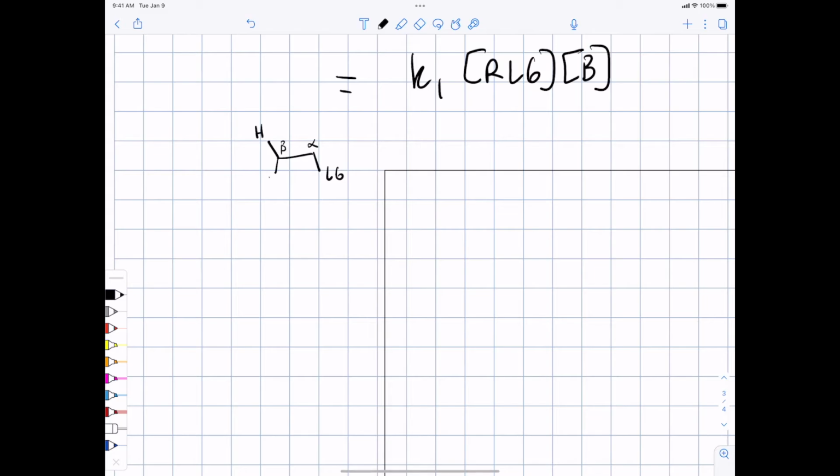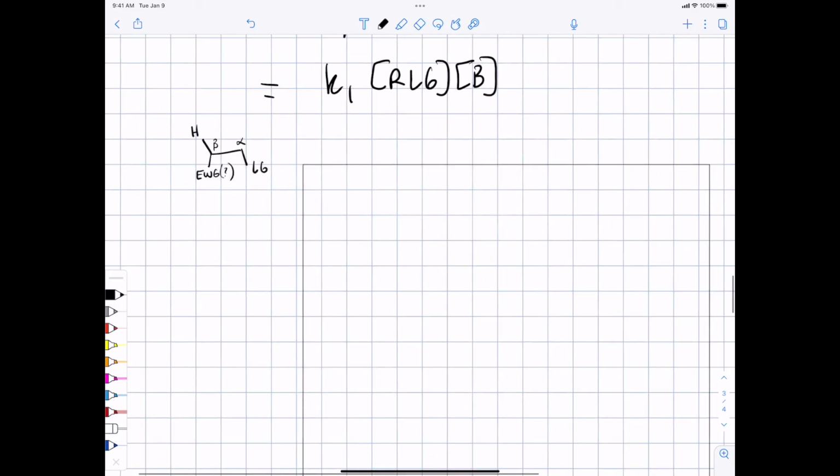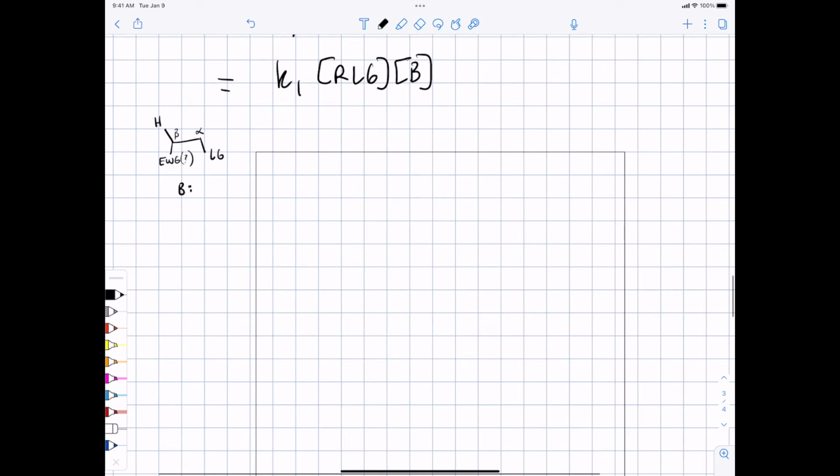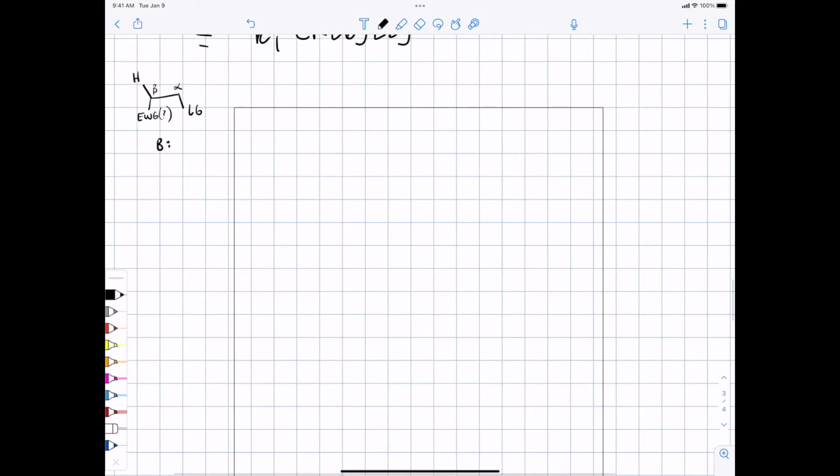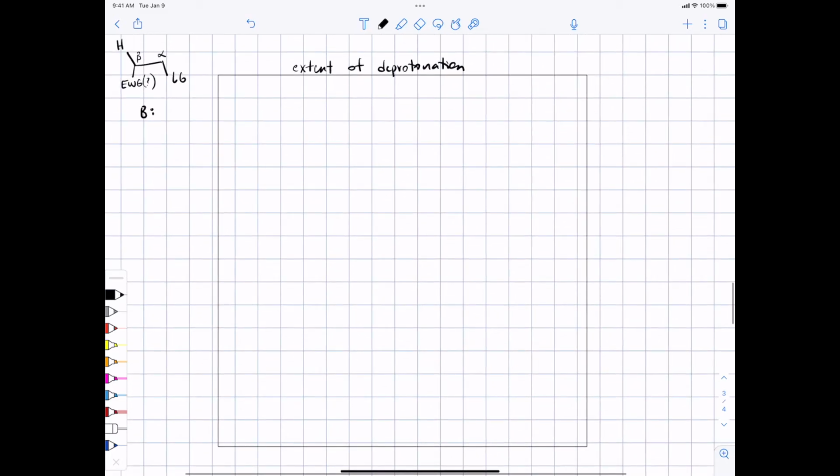And let's suppose that on the beta carbon we have either the presence or the absence of an electron withdrawing group. We also have a base as our starting material. And let's suppose this axis represents extent of deprotonation, whereas the y-axis represents extent of leaving group departure.